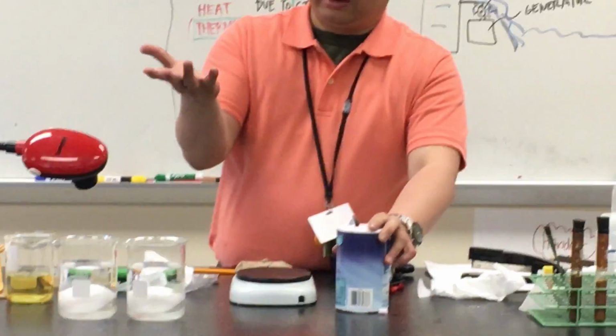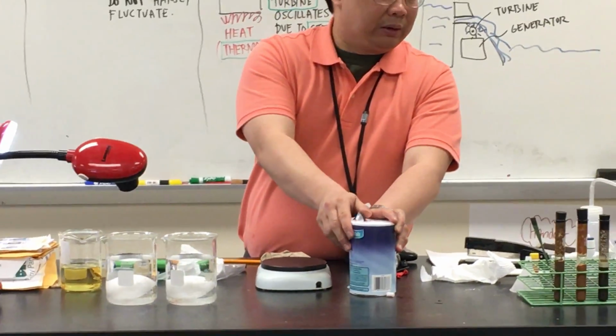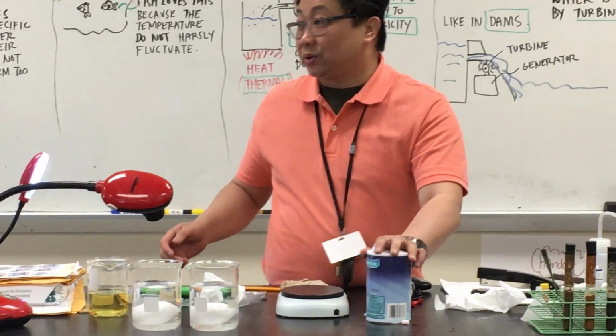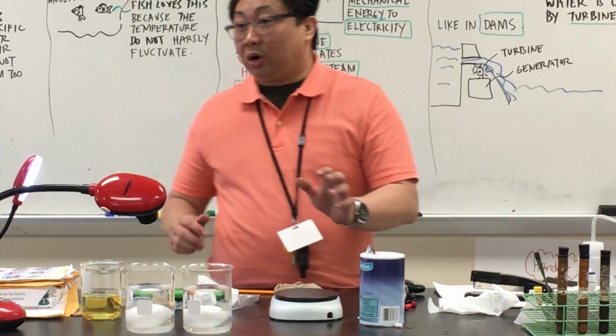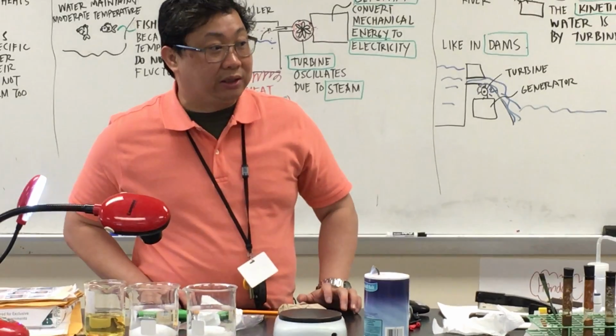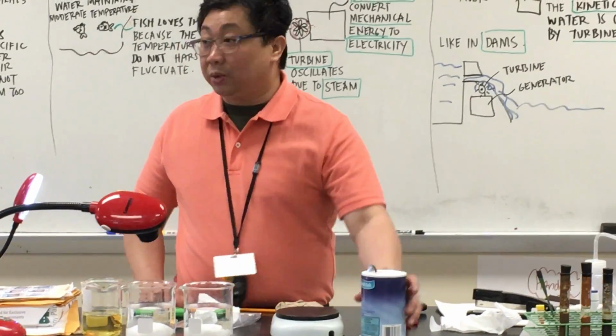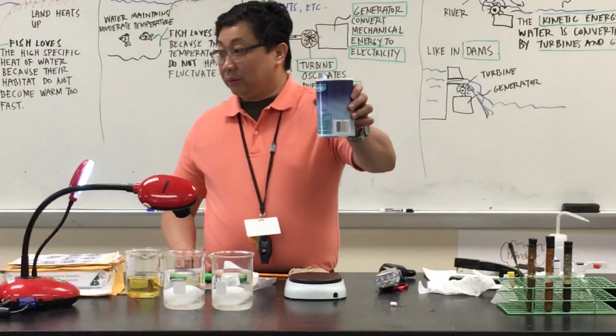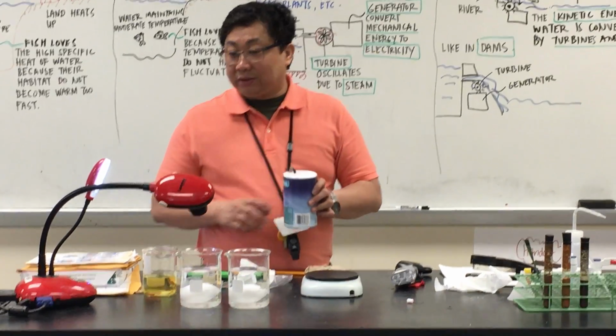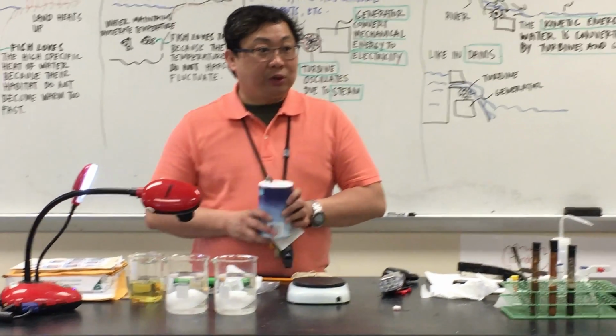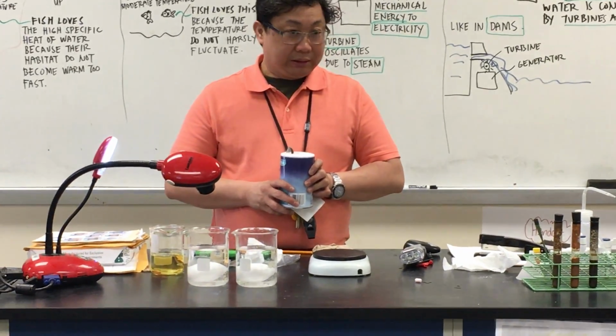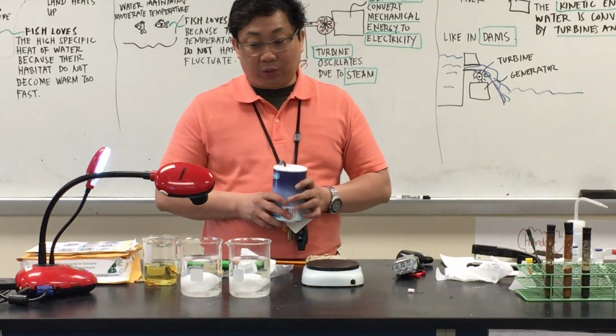So that would be 1,000 minus 35. So 35 parts per thousand. And the most common salt in the ocean that makes it saline is sodium chloride. This one.